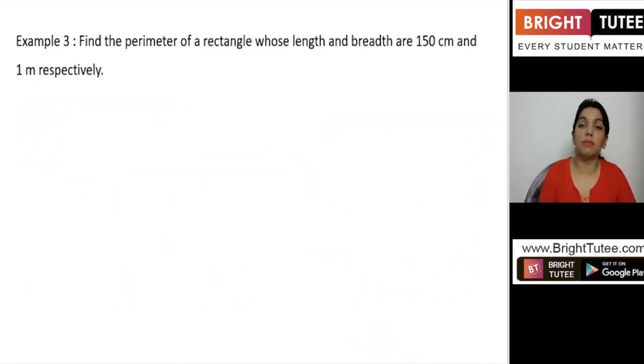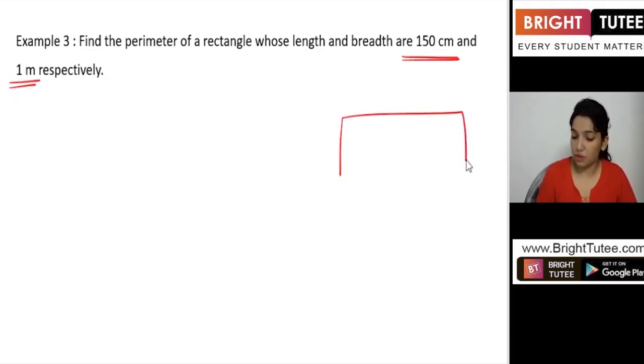It says find the perimeter of a rectangle whose length and breadth are 150 centimeters and 1 meter respectively. Now again, look at the question and read it carefully. It says the length is 150 centimeters and breadth is 1 meter. So we are given different units, and this needs to be taken care of.